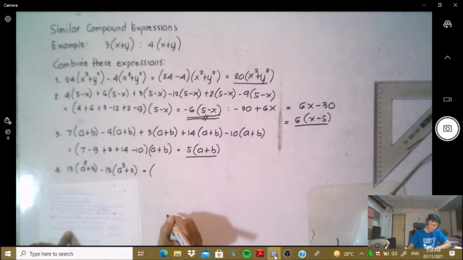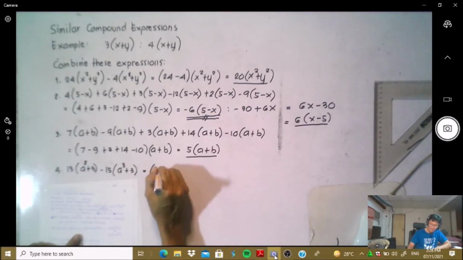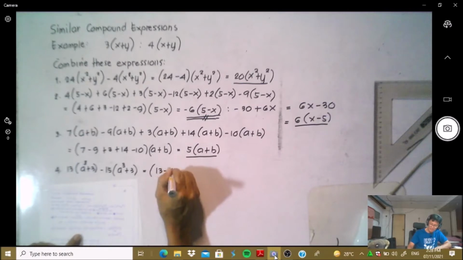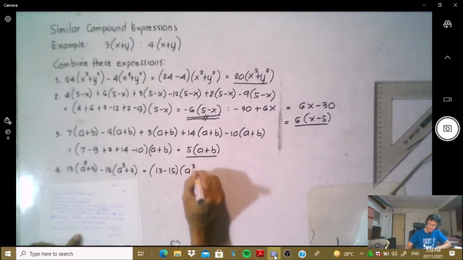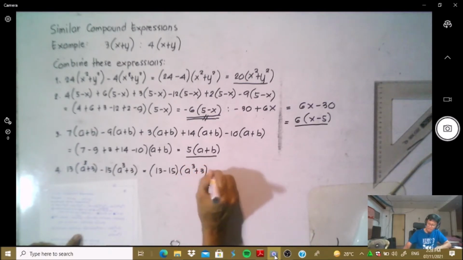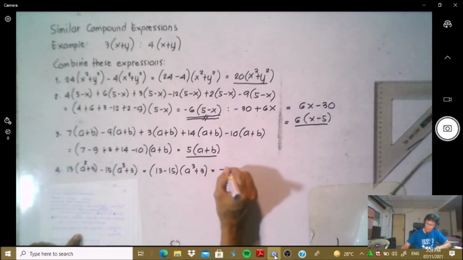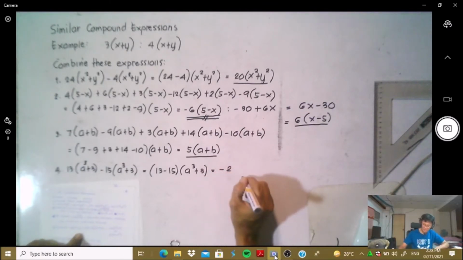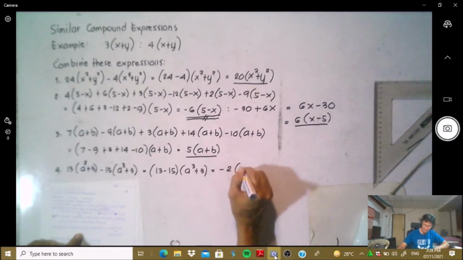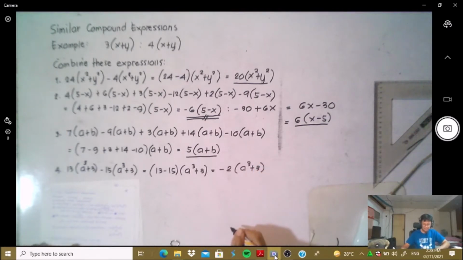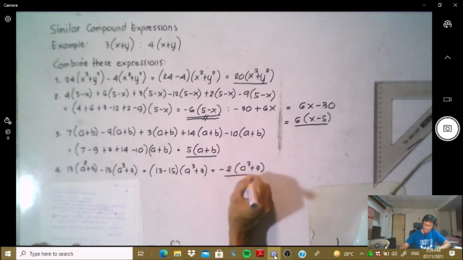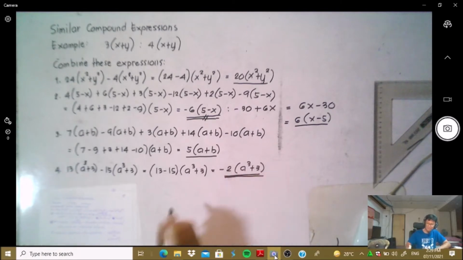So we have 13 minus 15 multiplied by a cubed plus 3. And therefore, our final answer is negative 2, since 13 minus 15 is negative 2, times a cubed plus 3. So this is now our answer.